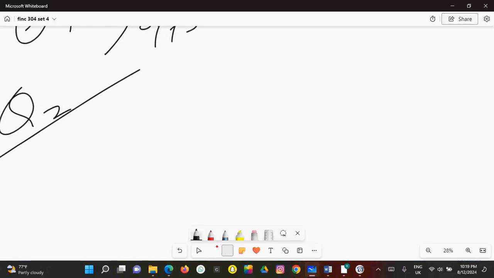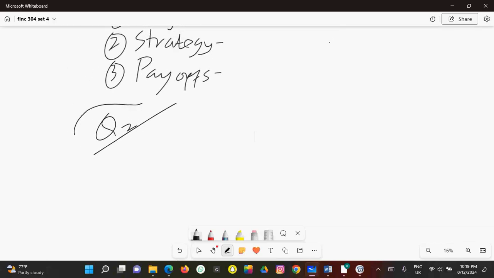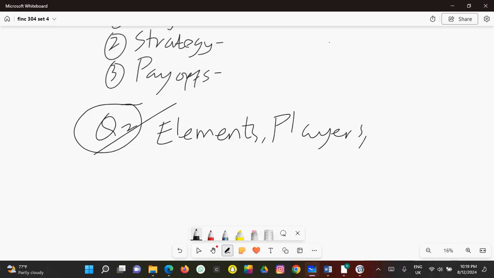All right, so question 2. To bring this to a normal game form, you have to first bring the elements. So the elements are the players, the strategies, and then the payoffs.